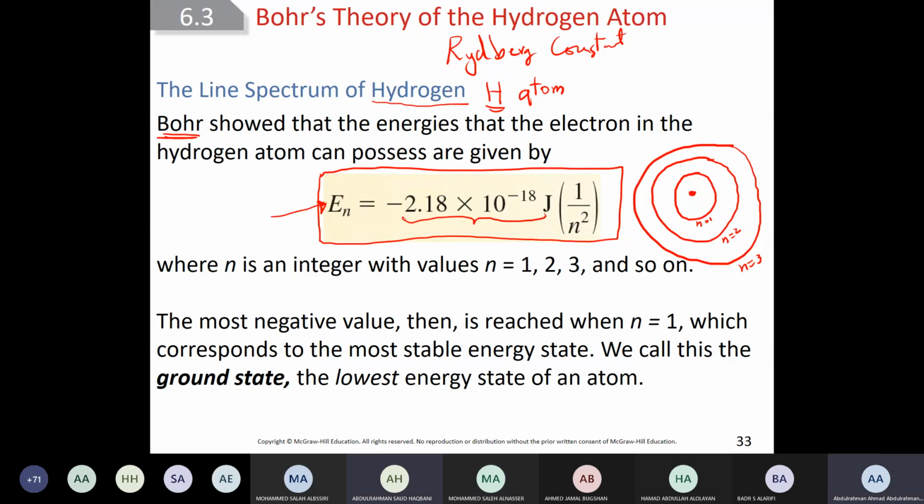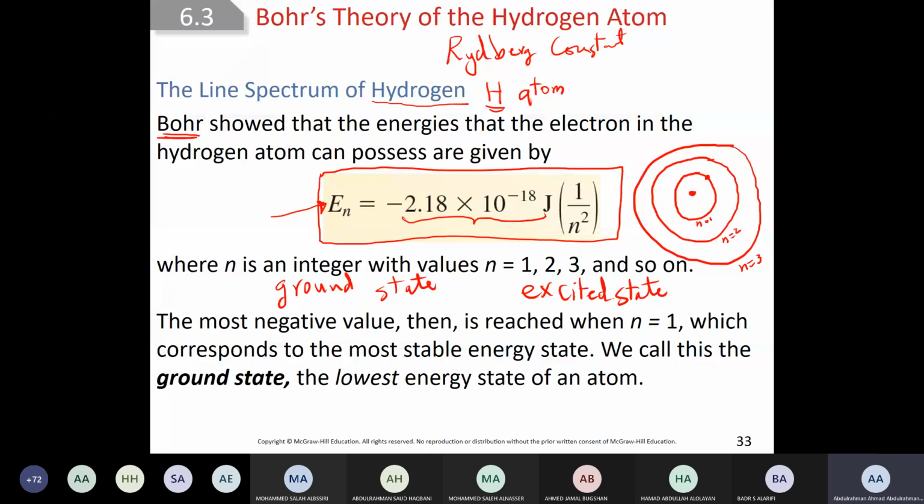On one. If it's in one, what will happen? It is in which state? Ground state. Unexcited. How about if it goes to 2 or 3 or 4 or 5 or 10? Excited states.